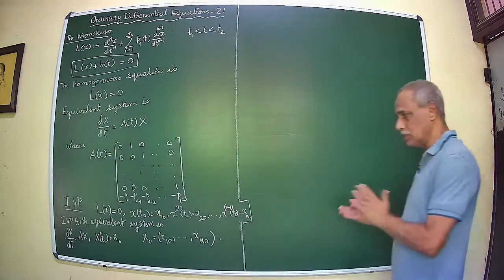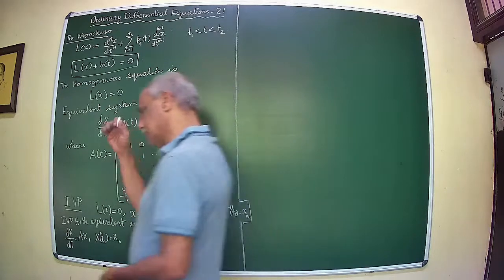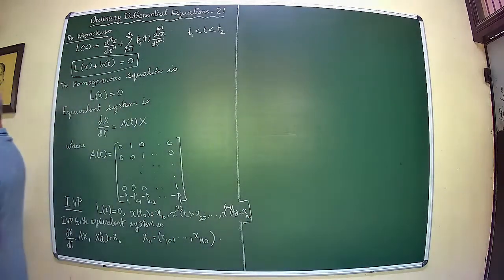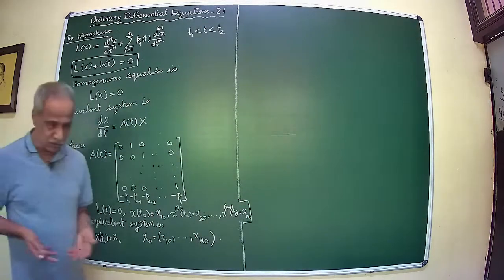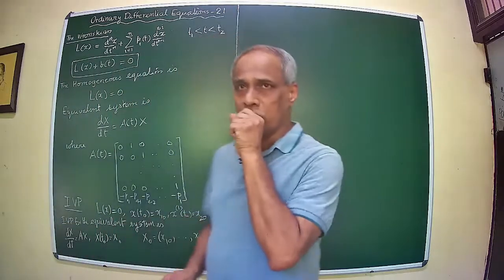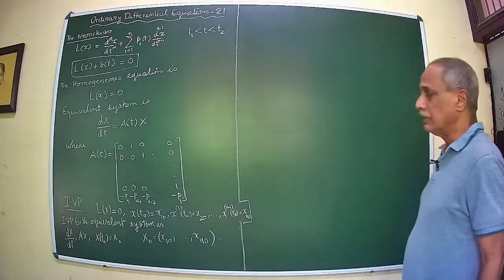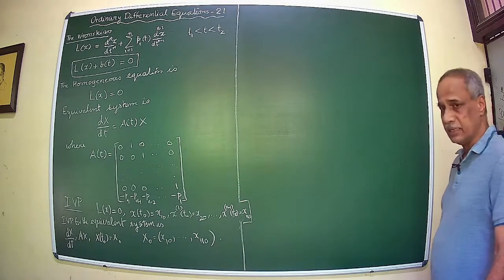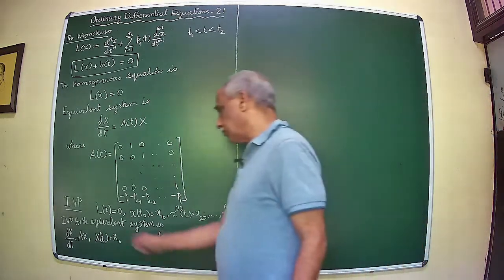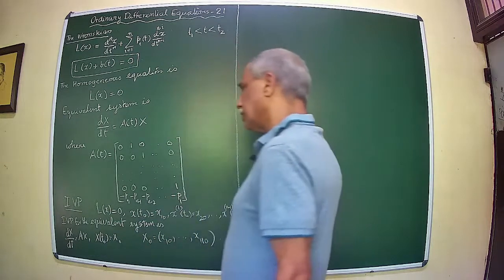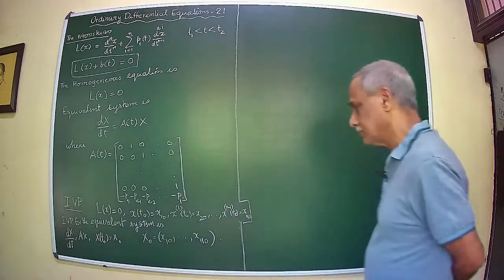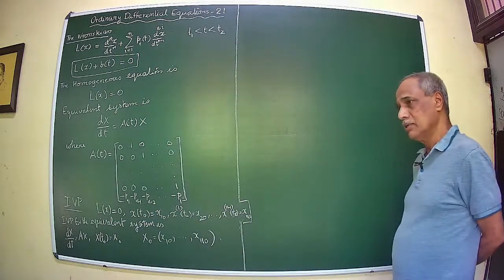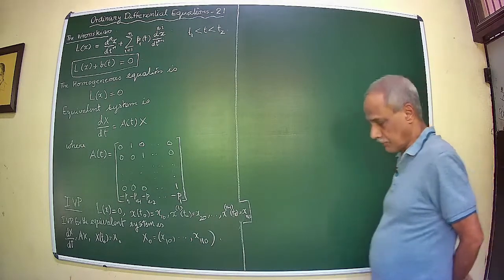So if you have a vector capital X, the solution of the homogeneous system, then the first component is the solution of the homogeneous nth order linear equation. That's the connection between the two.